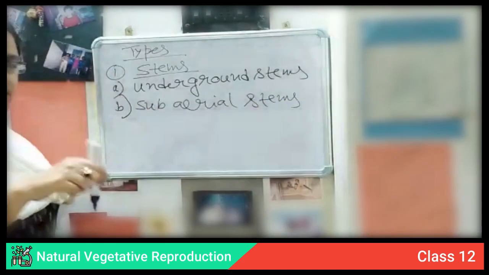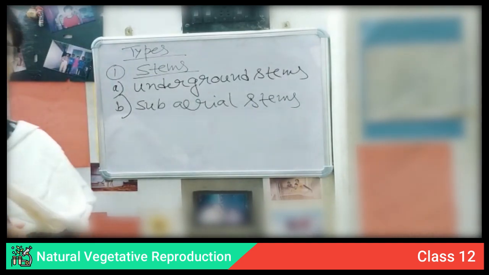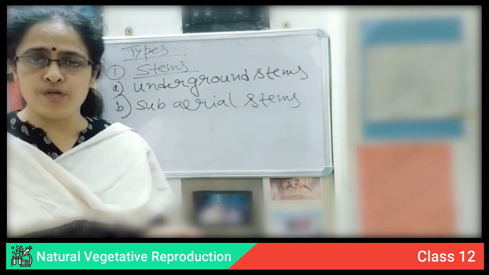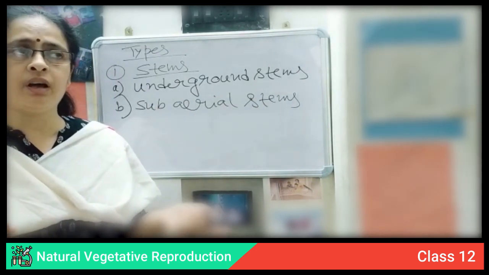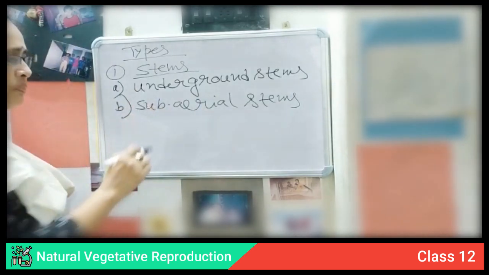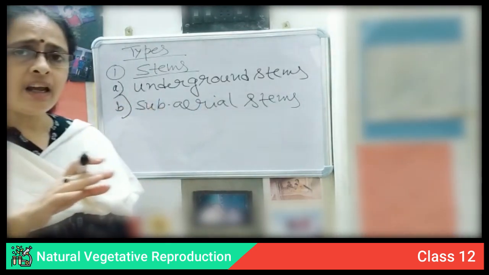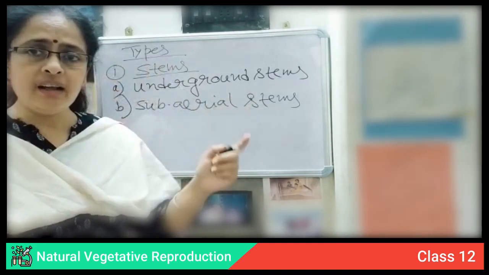Underground means the stems that grow underground. They grow underground to store some foods like potato, onion and ginger. And subaerial, the word subaerial means horizontally to the ground and free in the air.